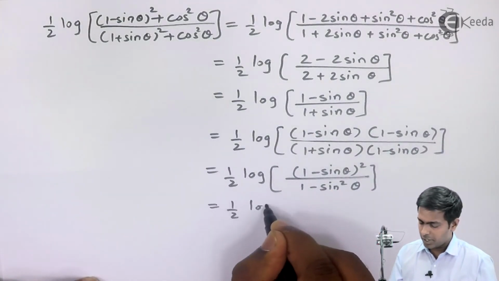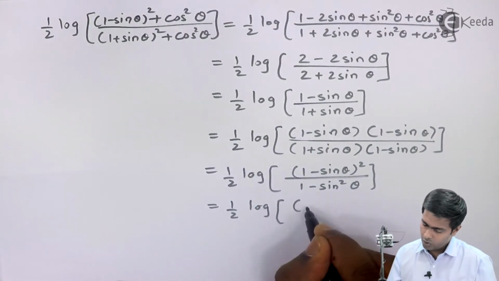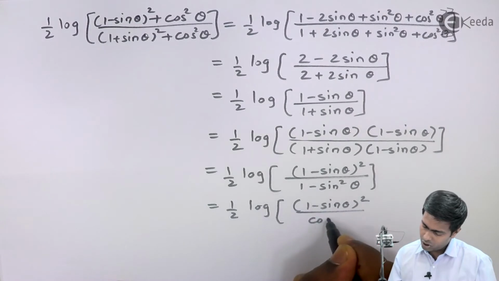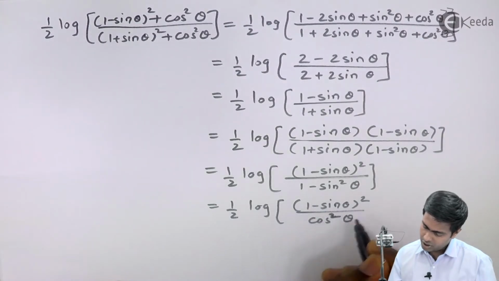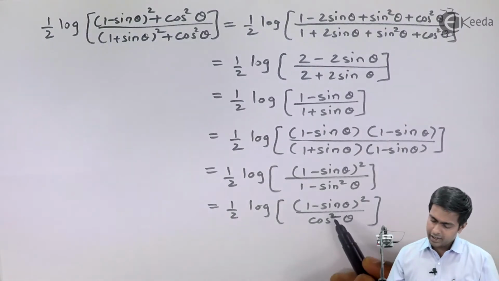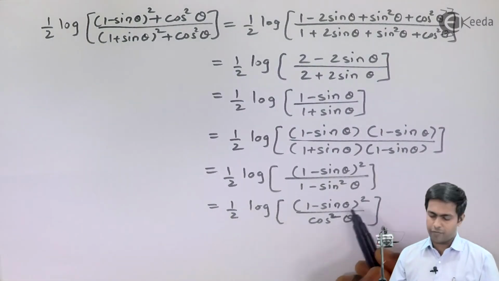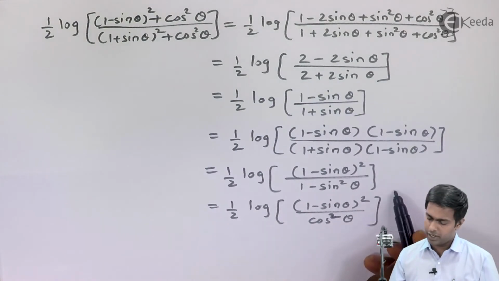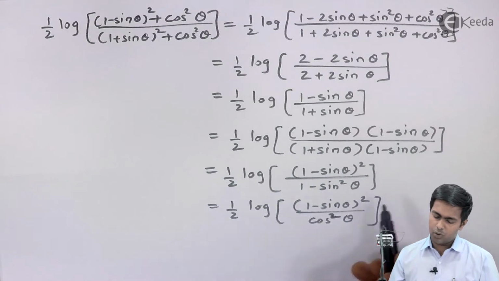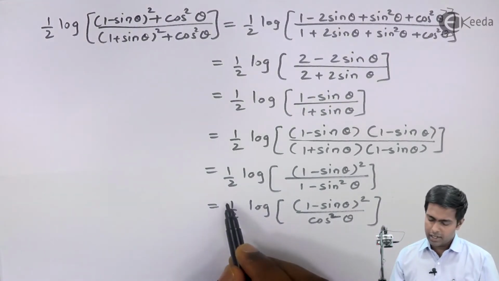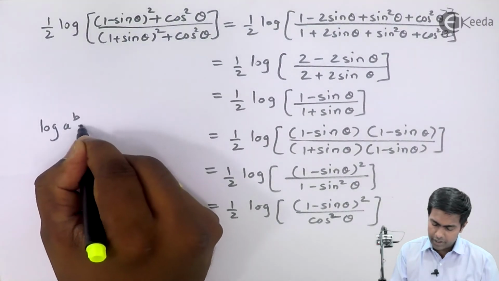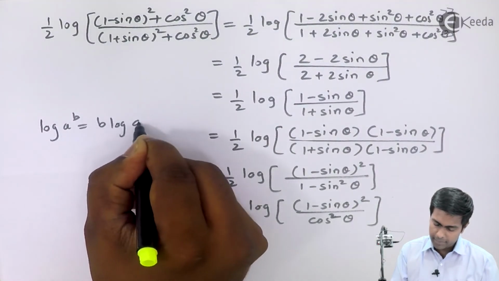So this will become log of 1 minus sin theta the bracket square upon cos square theta. So here I am applying the formula of trigonometry. Now I can take this square common from numerator as well as from denominator, which will come in the power, and that 2 will go here and will multiply half because of the property log a raised to b equal to b log a.